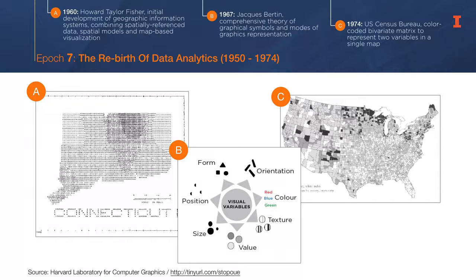This moves us into the seventh epoch, which is this rebirth of data analytics on the power of that computer and the ability for us to use much more data. We see new visual forms being constructed. We see new analysis being produced, all again owing to some of the advancements that came in the previous epoch.